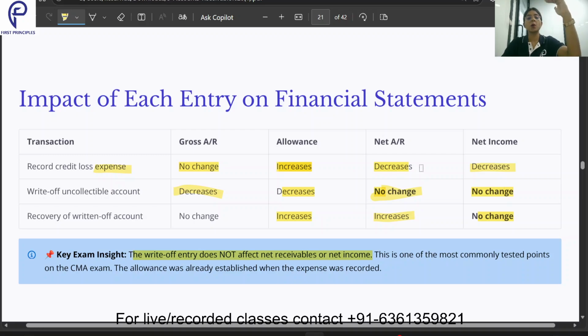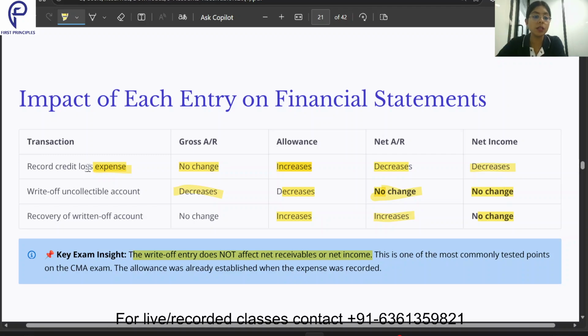Why? Because from my accounts receivable, I am reducing the allowance and then getting the net figure. So if my allowance is increasing, I'm reducing more from my accounts receivable, so my net AR will be even lesser, and my net income will also decrease. Why? Because my expense is increasing, so my net income is reducing.